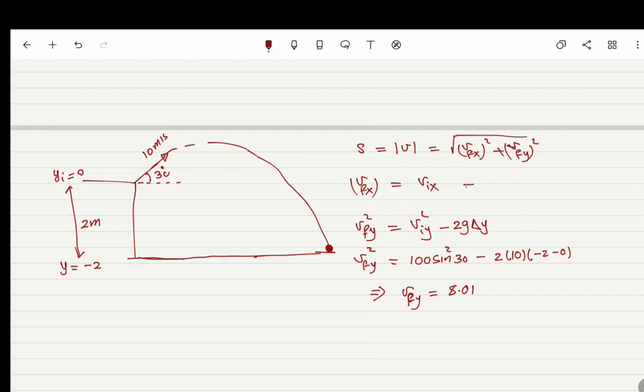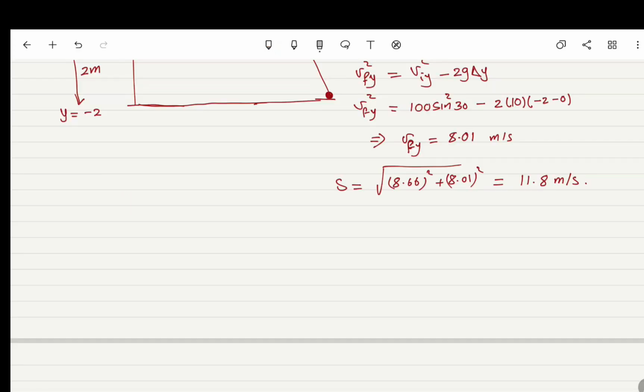In this situation here, the initial x equal to 10 cosine 30, which in this case equals 8.66 meters per second. You substitute: speed is equal to the square root of 8.66 square plus 8.01 square, and the speed here is equal to 11.8 meters per second. And this is the speed just before it strikes the ground.